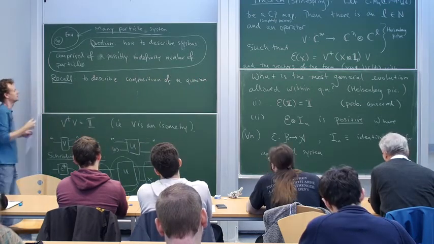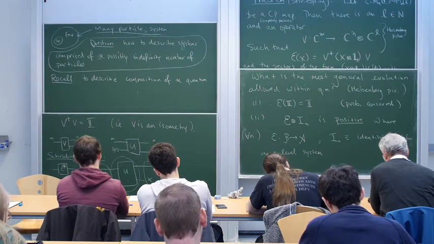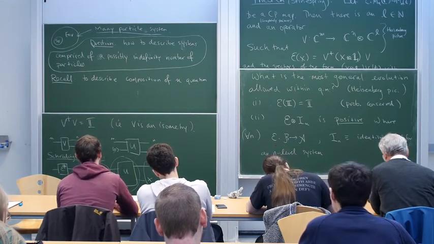So the first step is to describe the composition of n quantum systems. You have to remember the way we do that is by the tensor product.